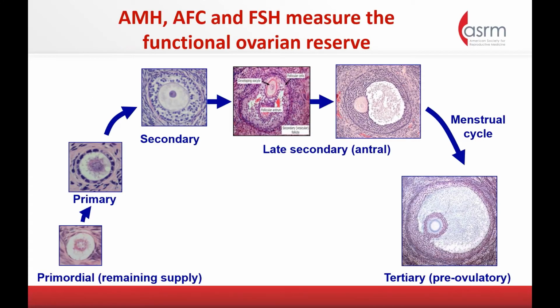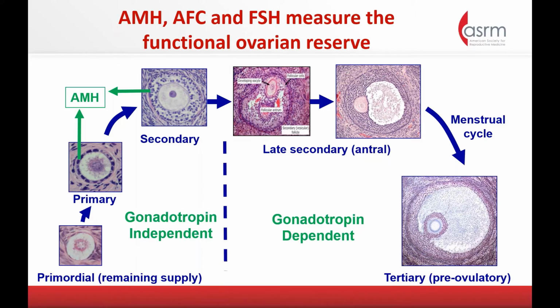So Dr. Steiner went through this already, but I thought that it would be helpful in the context of fertility preservation, again, to emphasize that while what we are interested in is the primordial pool on the left, which is the remaining supply of oocytes that we have, really AMH comes from the granulosa cells, primarily of primary and secondary follicles.